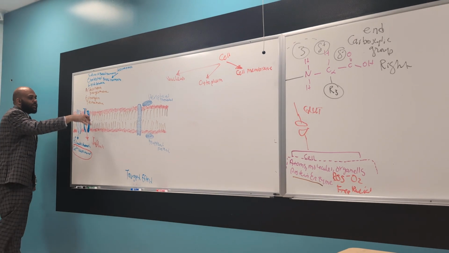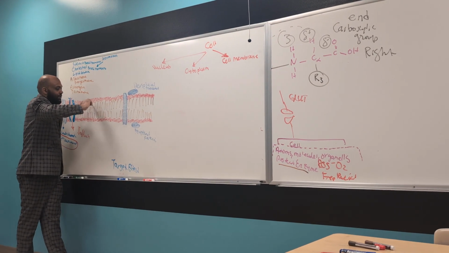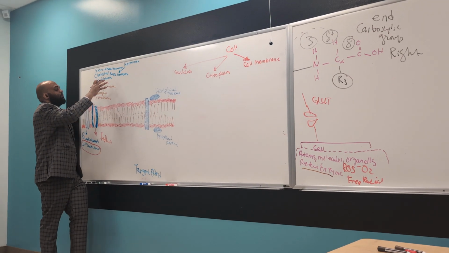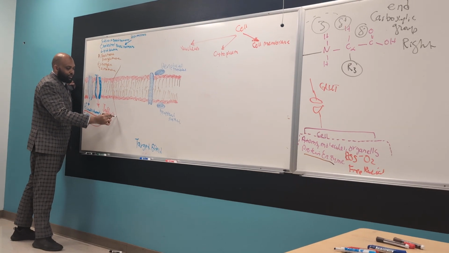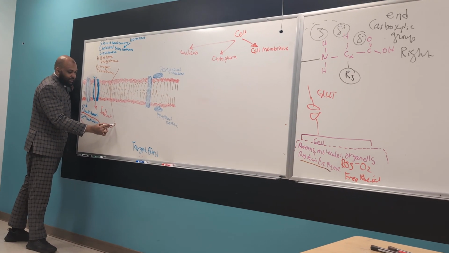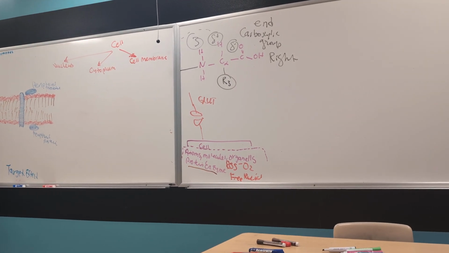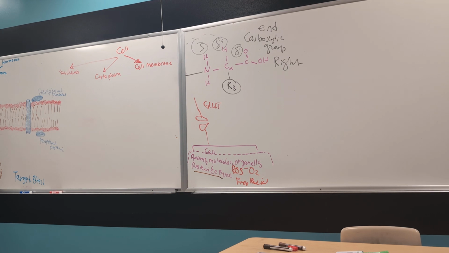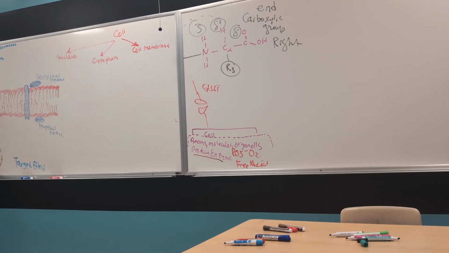These guys, they are welcome to go inside the cell because they are lipid soluble, so they can cross through. They can enter the nucleus where the DNA is, and they can bind to certain regions in the DNA, and they can transcribe the DNA.